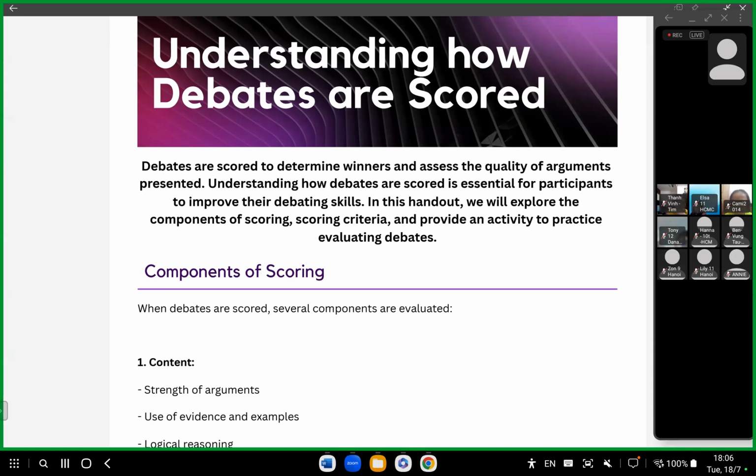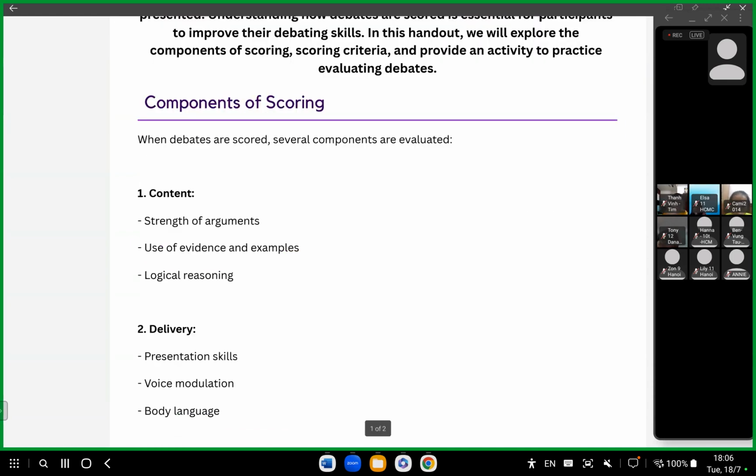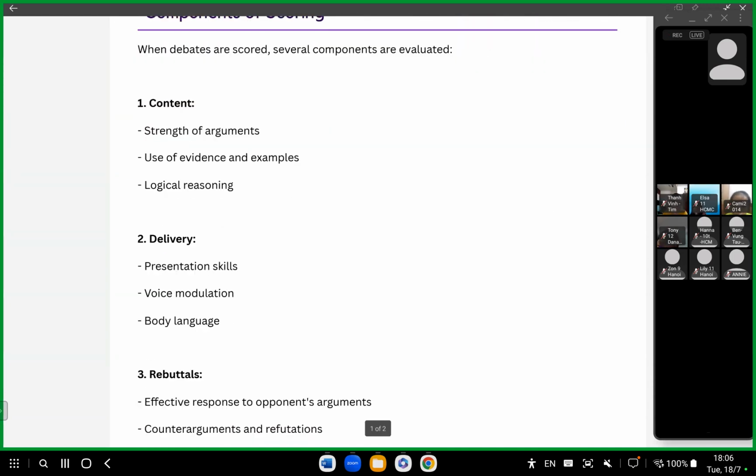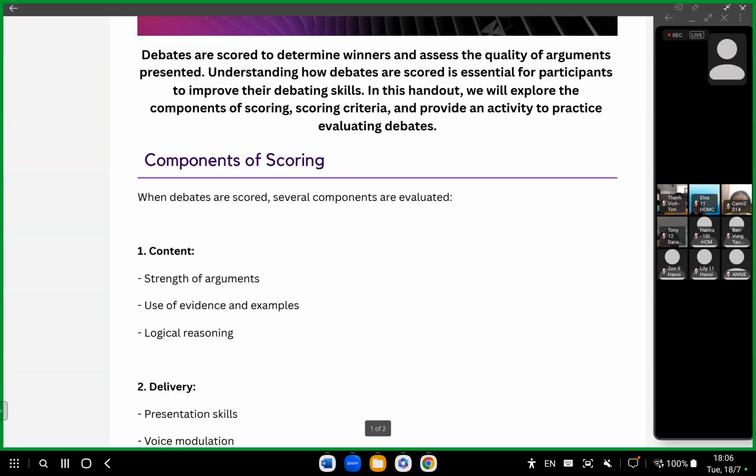Understanding how debates are scored is essential for participants to improve their debating skills. In this document, we will explore the components of scoring and scoring criteria, and your homework at the end of this lesson is going to be about how to score a debate.